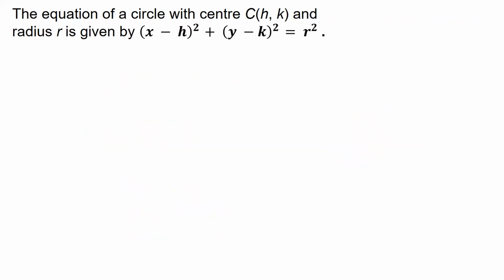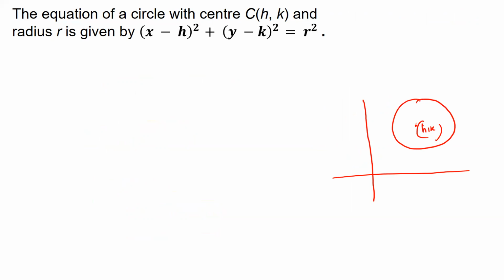Now we need to define the equation of a circle with center not at the origin but somewhere else. Suppose that this is the center. Now center suppose is h comma k, and this radius is again r units. Again, to find out the equation, we take an arbitrary random point somewhere on the circle and assume it to be moving, but wherever it moves, its distance from the center h comma k is always equal to r units.